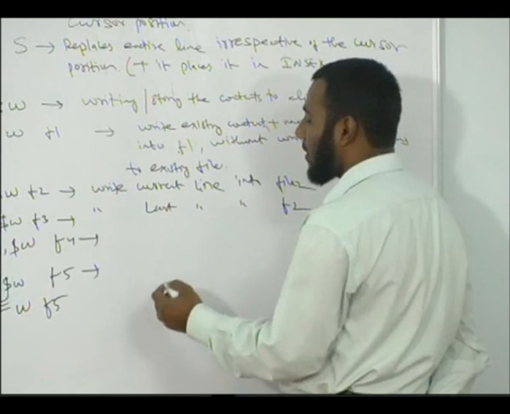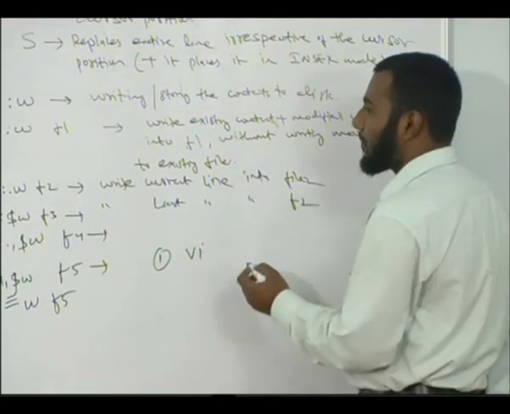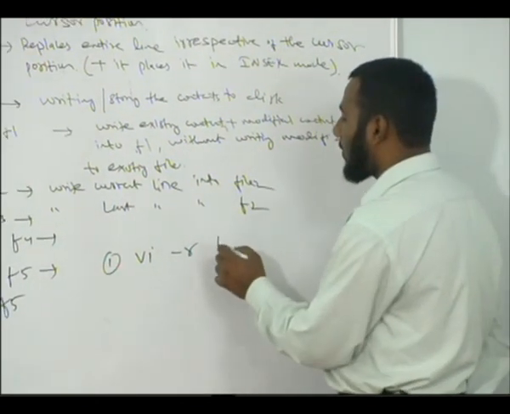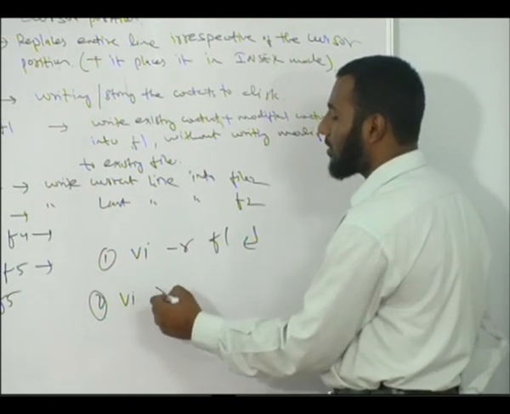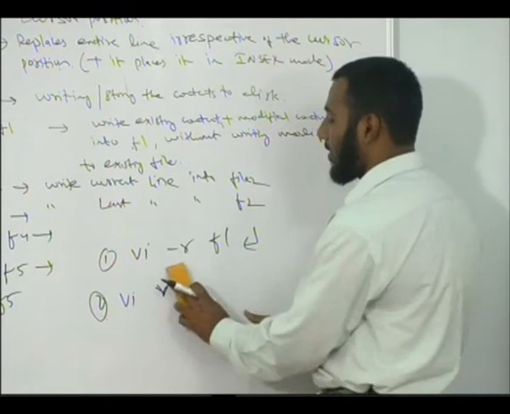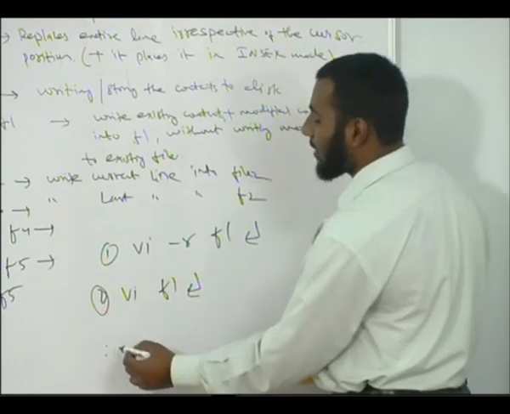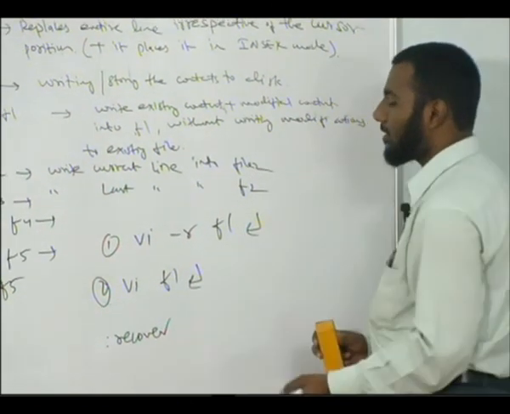There are two commands to recover. Command number 1, I can use VI with option R, which means recover file 1. It will recover your file, or you can go into this file F1 and in execution mode use colon recover.